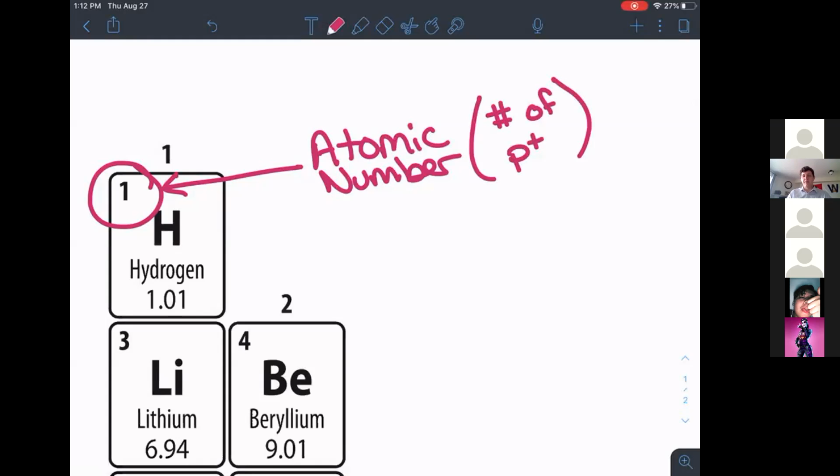And can anybody tell me where our mass number is? Where's the mass number on that hydrogen atom?